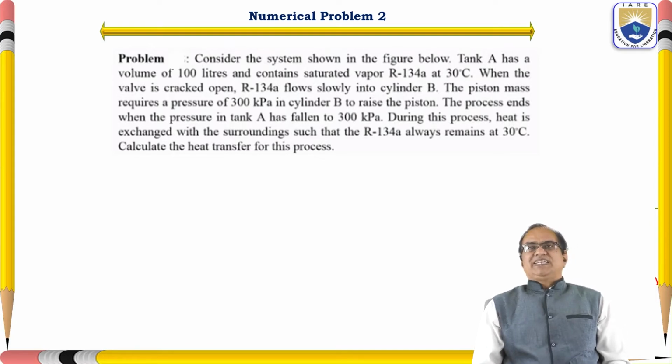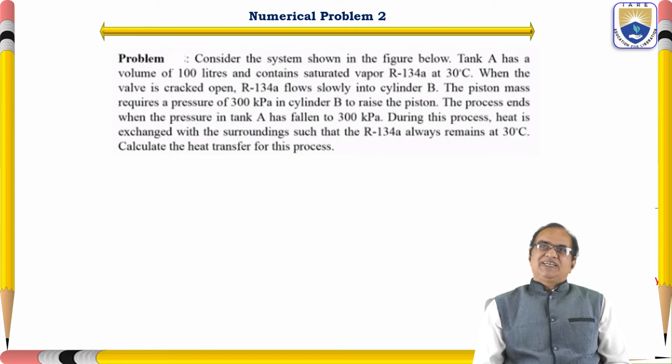The process ends when the pressure in tank A has fallen to 300 kilopascal. During this process, heat is exchanged with the surroundings such that the R134A always remains at 30 degrees centigrade. Calculate the heat transfer for this process.